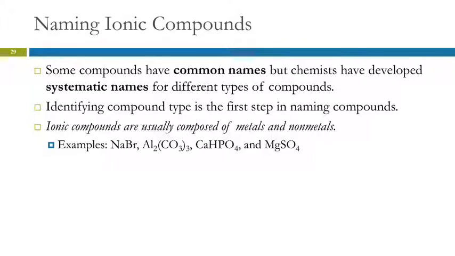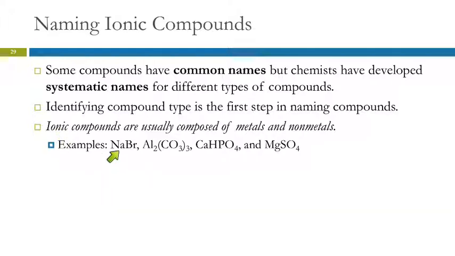There are different sets of naming rules. Just like in different cultures and in different countries, we have different ways of naming our children, right? So if you want to understand someone's system of naming, you need to know what culture they're from. So here are examples of ionic compounds.